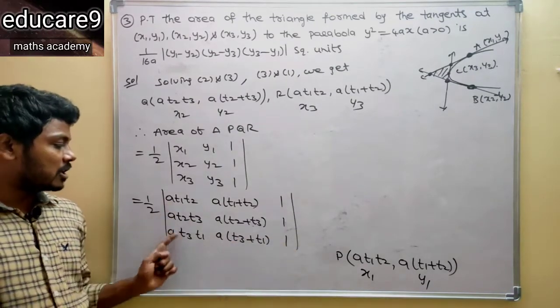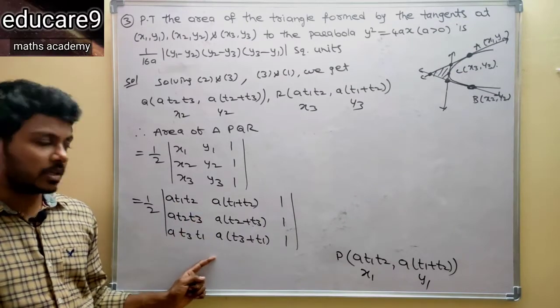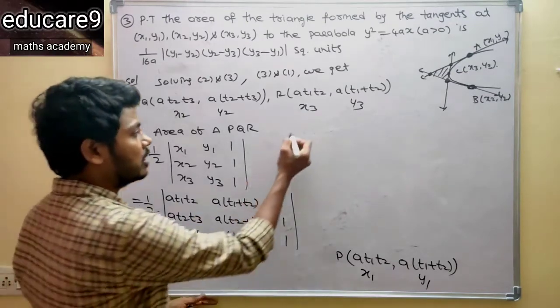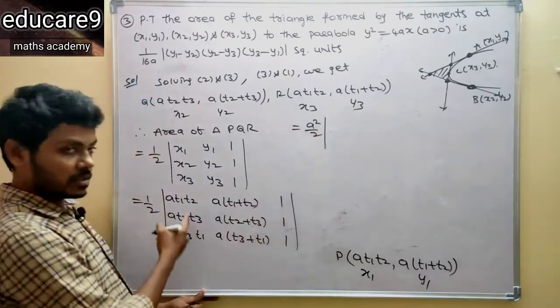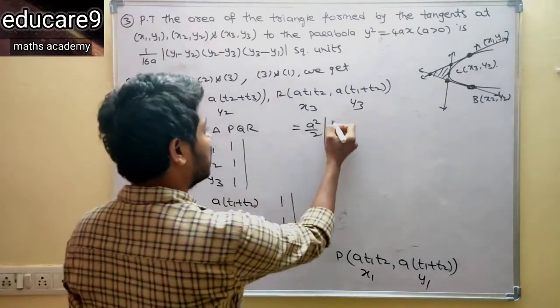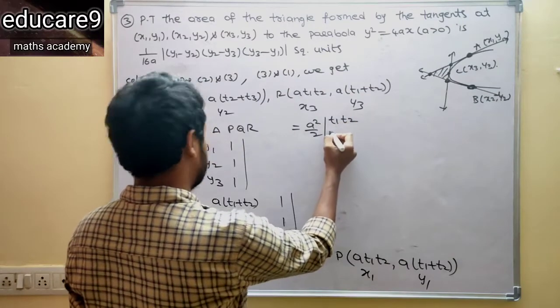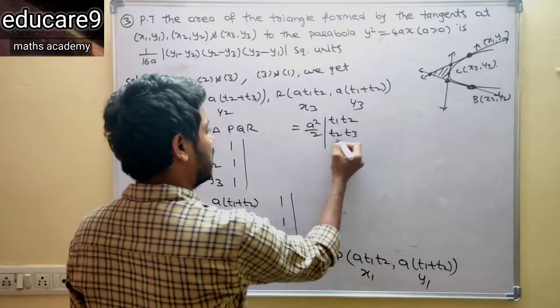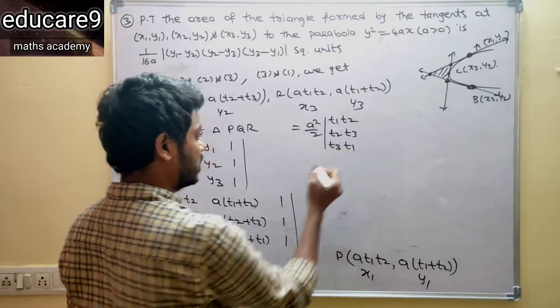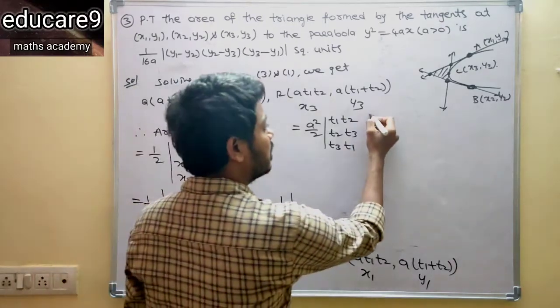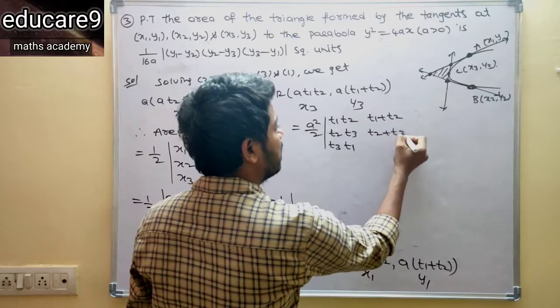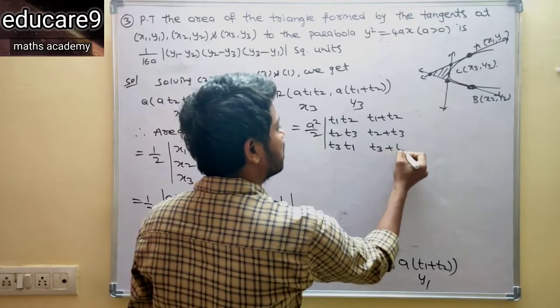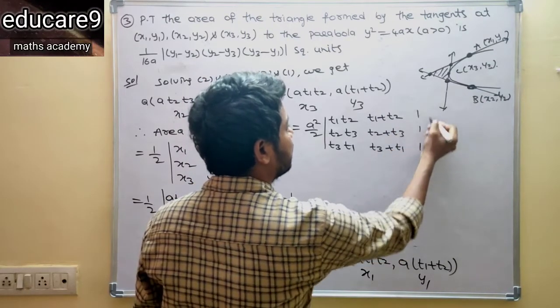See here, from the first column and second column a is common. So a square by 2 into, write the remaining values: t1 t2, t2 t3, t3 t1, and t1 plus t2, t2 plus t3, t3 plus t1, 1, 1, 1.